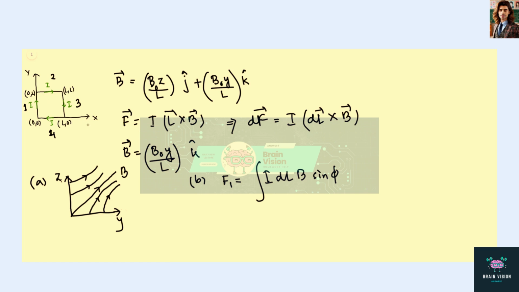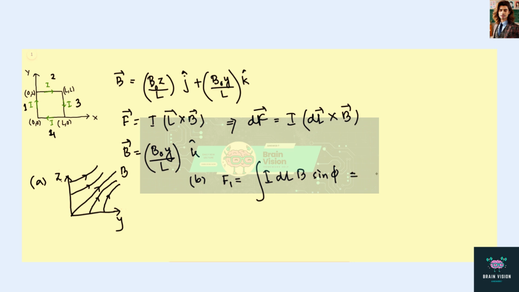Basically the magnetic field is perpendicular to the plane of the whole system, so for every case, this angle is going to be 90 degrees.